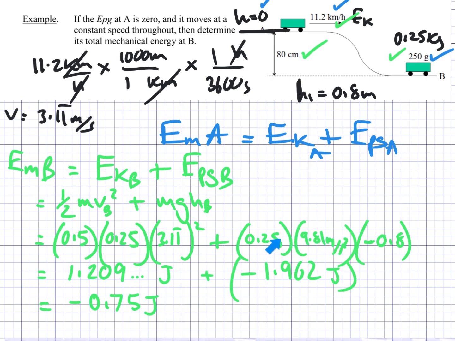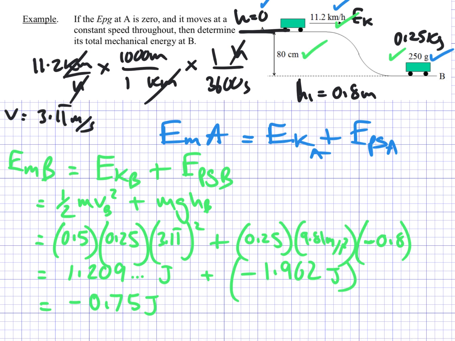And when you multiply those together, you get a negative energy. Now, that's not to say that energy is a vector in any way, but it's important that we keep track of the positives and negatives for the sake of bookkeeping, essentially keeping track of the values. And that means that overall, when you add them together, you end up with some energy being lost, negative 0.75.